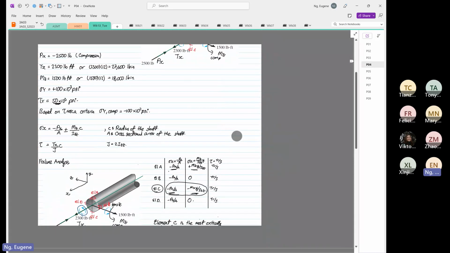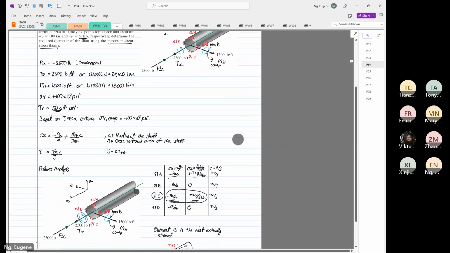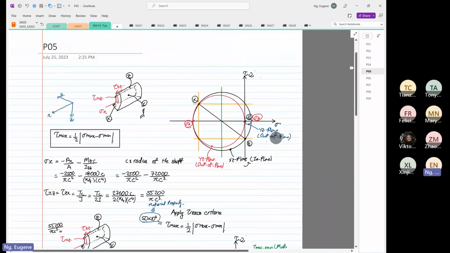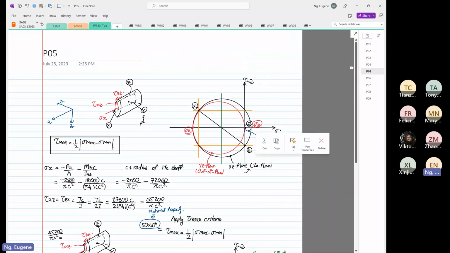So we have to determine where failure will occur first. We have to understand what is the Tresca criteria, sketch the element, and then determine which formula to use for Tresca. Remember, Tresca is tau max equal to stress U divided by 2, or tau max is equal to half of stress max minus stress min, by looking at the circle.